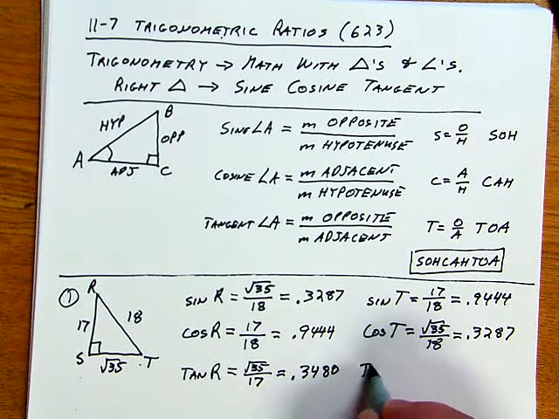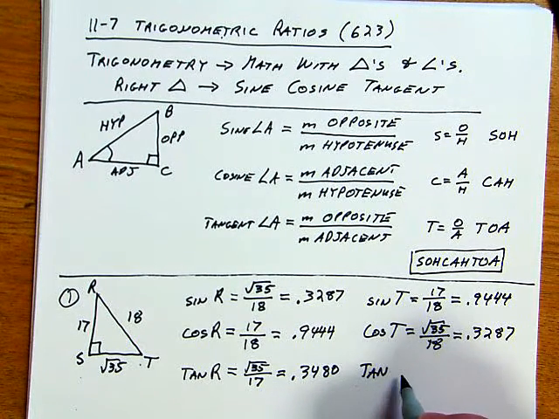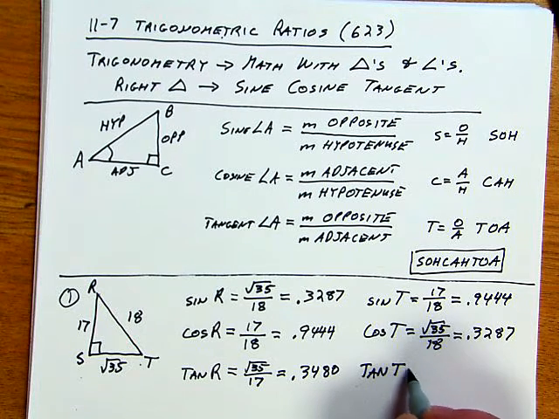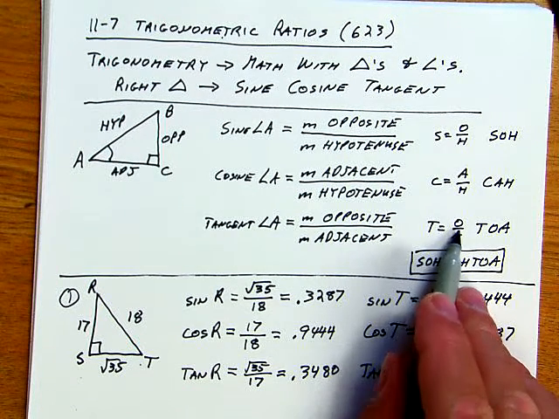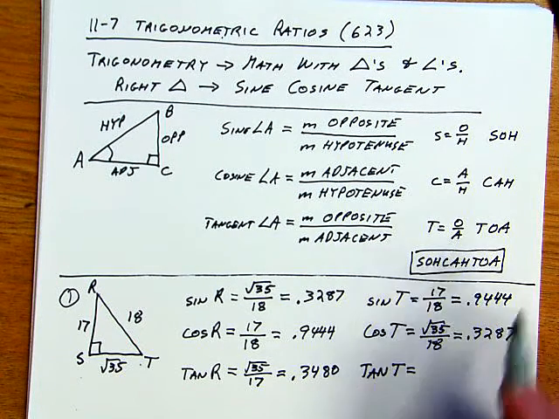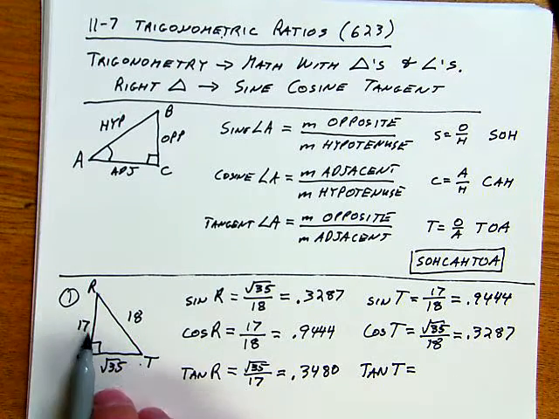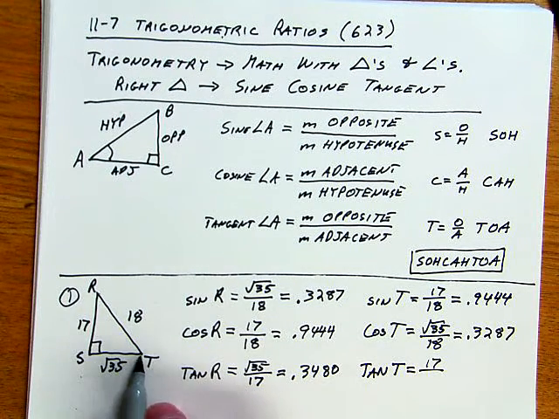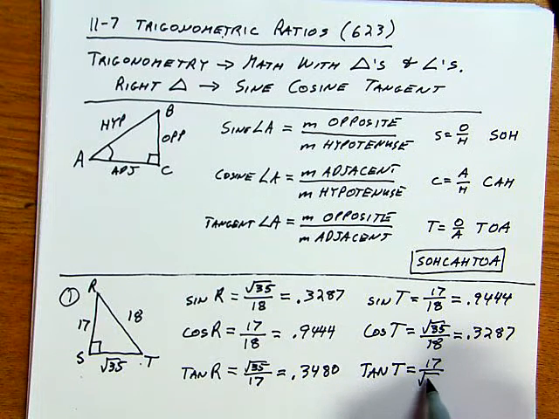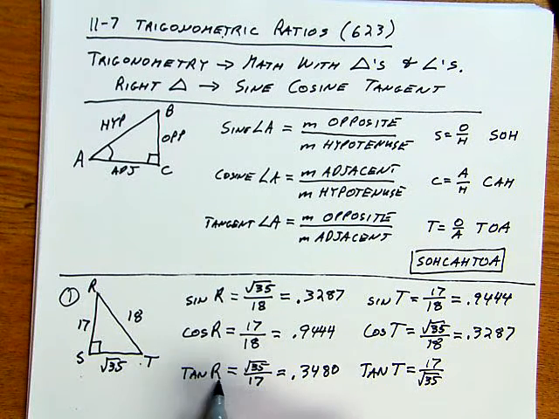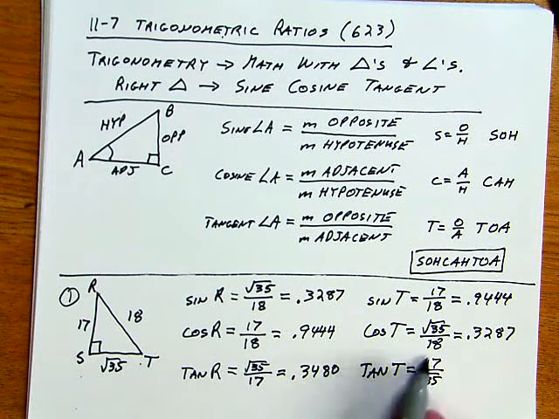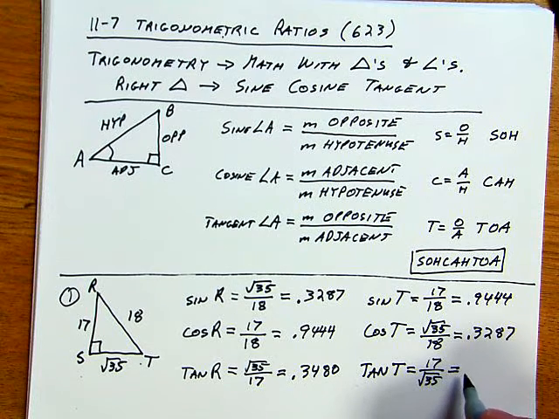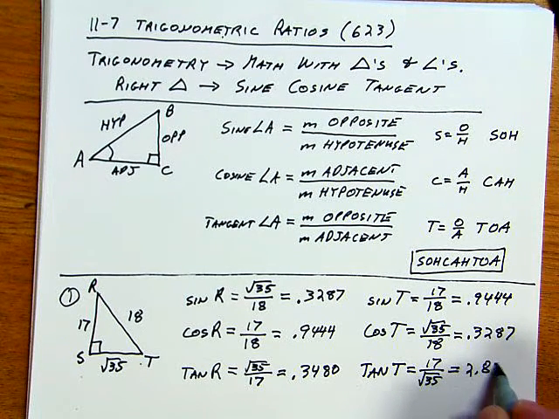And finally, we'll do the tangent of T. Tangent is opposite over adjacent. So opposite of T is 17 over adjacent, square root of 35. And notice that the tangents are just reciprocals of each other. And that gives us an answer of 2.873.